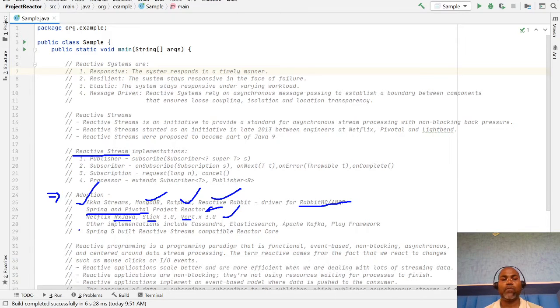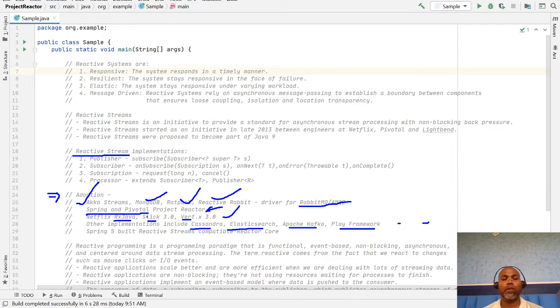And apart from these major reactive stream implementations, there are also some databases, Cassandra, Elasticsearch, Apache Kafka, Play Framework, and other vendors that also provide implementations of the reactive stream specification.